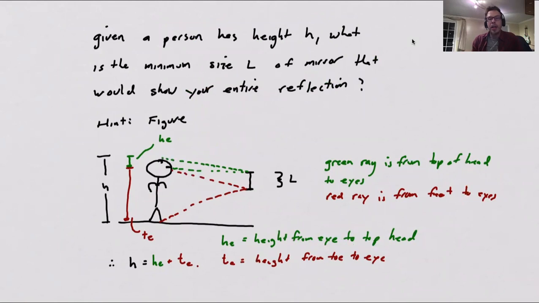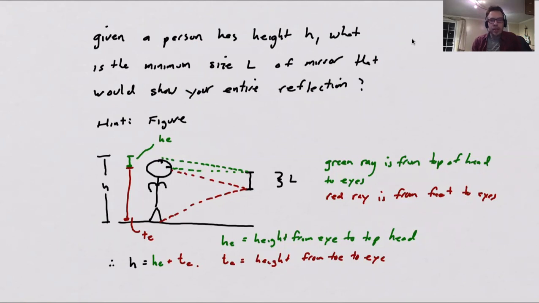So we need the piece that bounces off the top of our heads, and the piece that bounces off the bottom, our feet. If that can happen, then we would be able to fit our entire body. And so we want to know how that length L relates to our height.